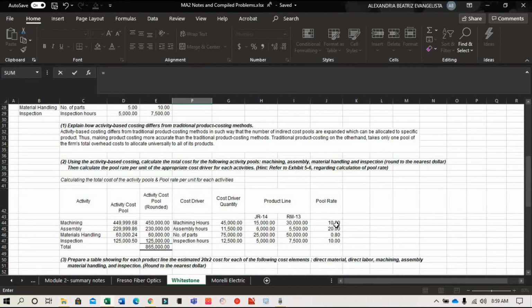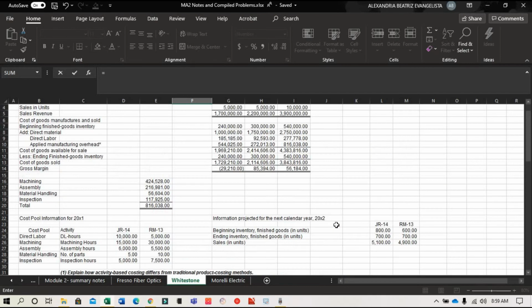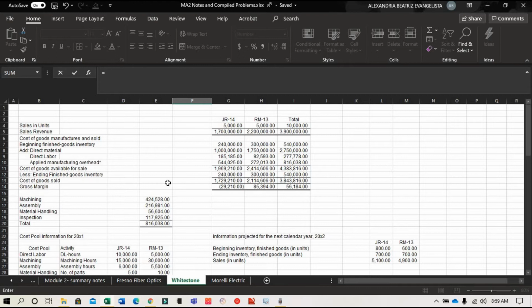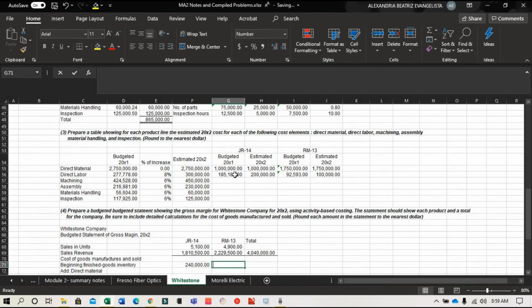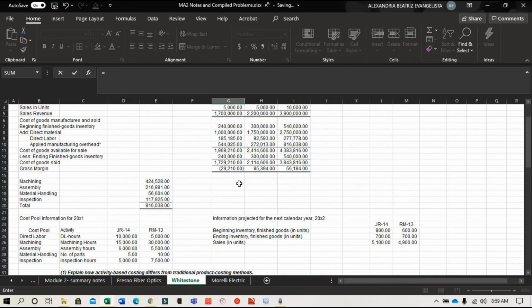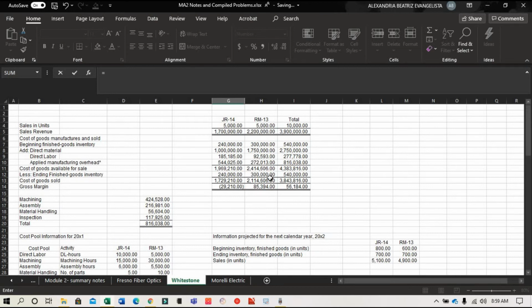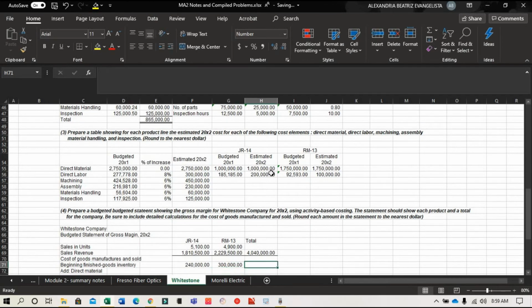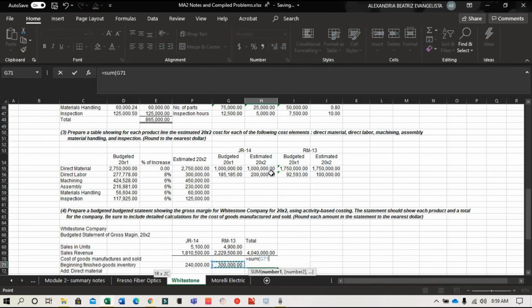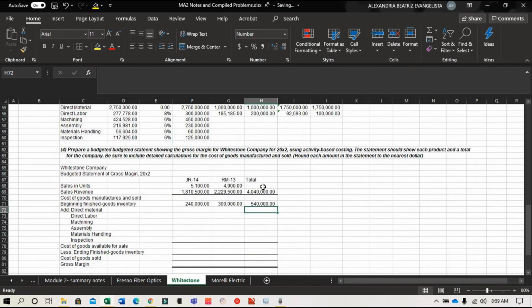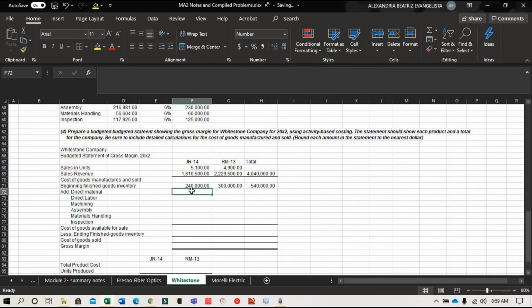So the ending finished goods inventory for JR14 is 240,000, and for RM13 is 300,000, for a total of 540,000.